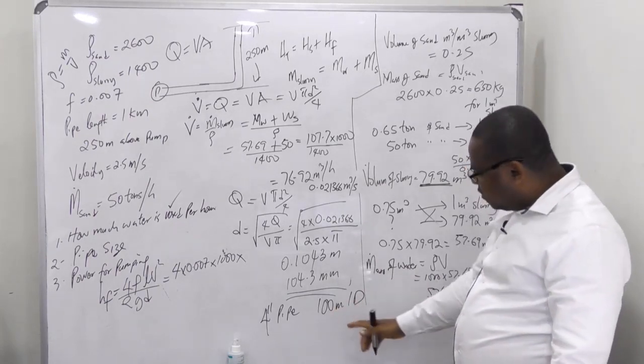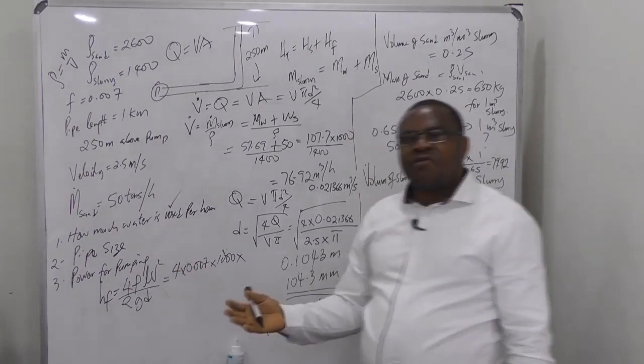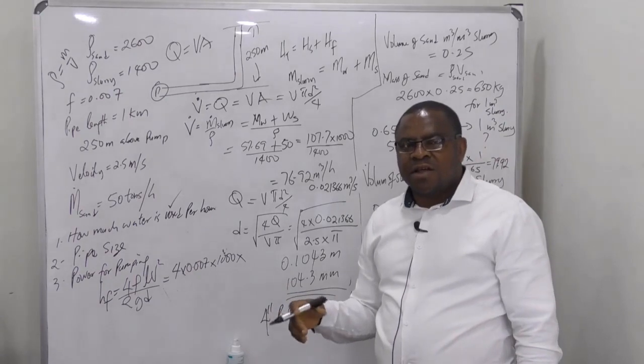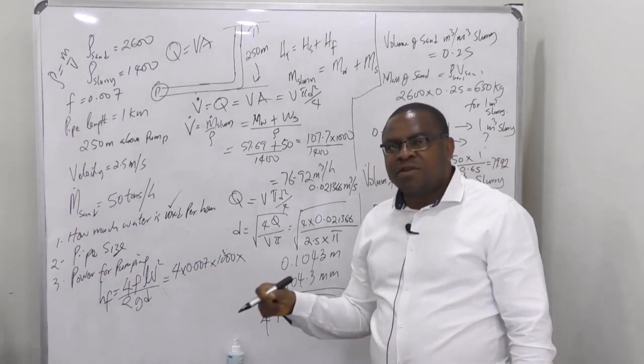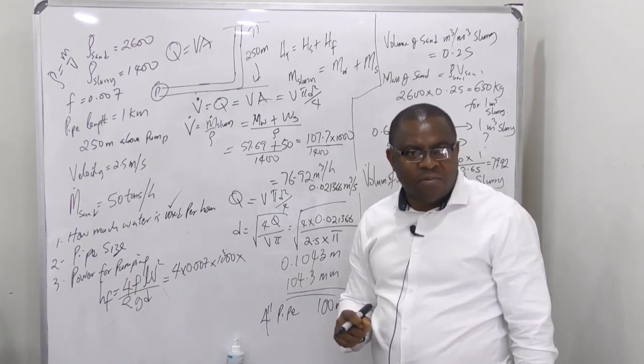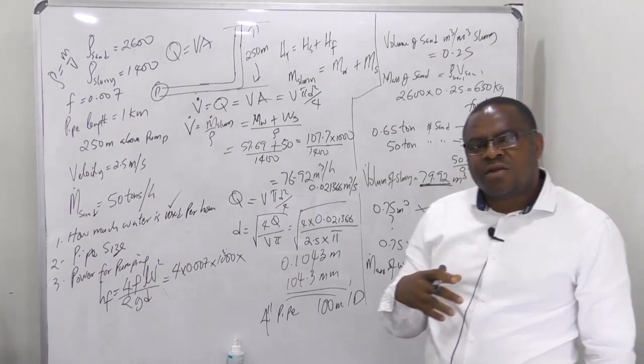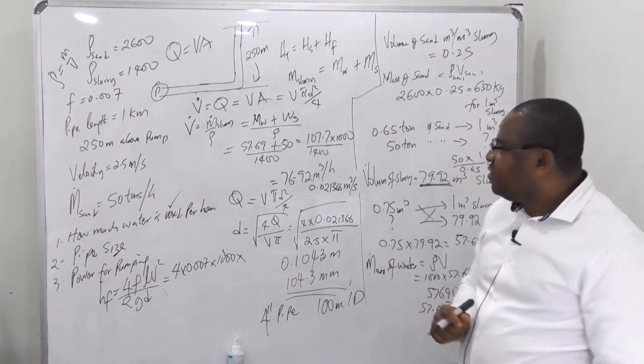I don't have to put 2.5 because 2.5 is not exact once I put a 100 millimeter size of pipe. So let's walk back to see what will be the velocity.